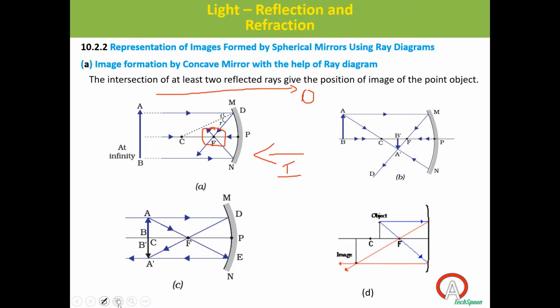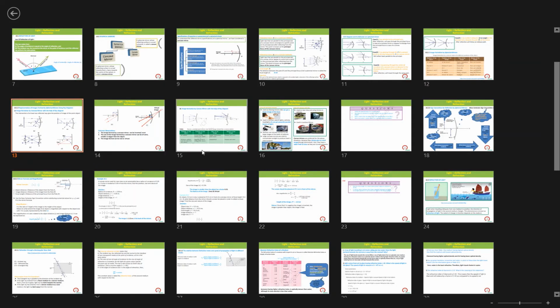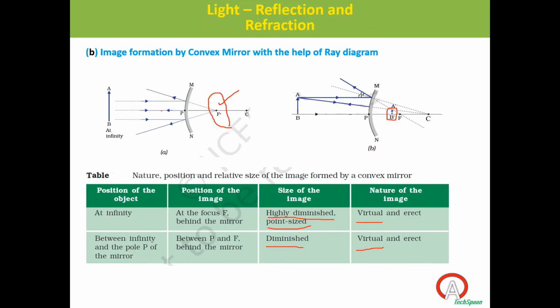But in the case of a convex mirror, if you keep the object at infinity, you are getting a point image only, at the focus also. Since the focus is just behind the mirror in the case of a convex mirror, the image is also behind the mirror, so it is not real.